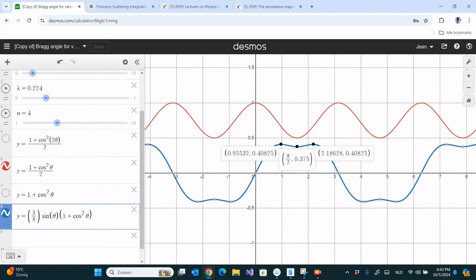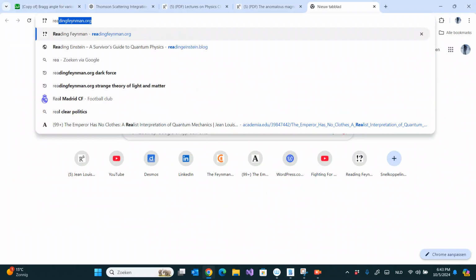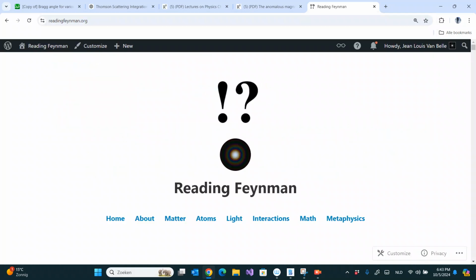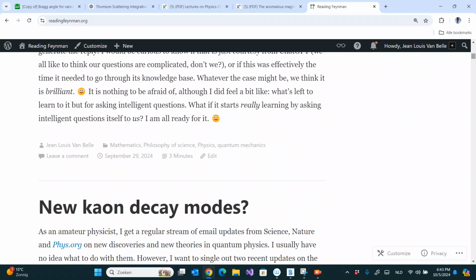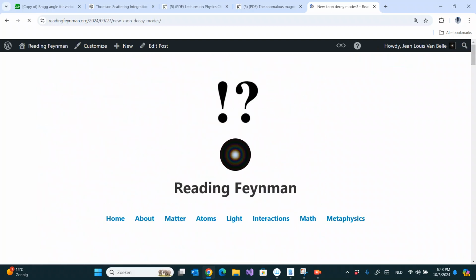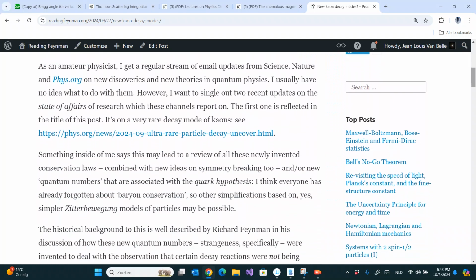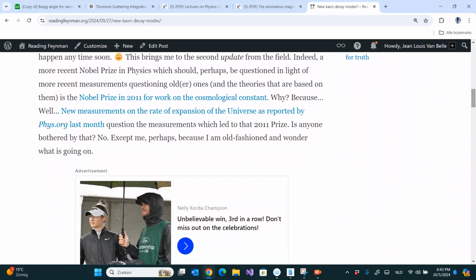It's an intriguing hypothesis. I do want to pull up my blog here. It may explain this here. New Kaon decay modes.